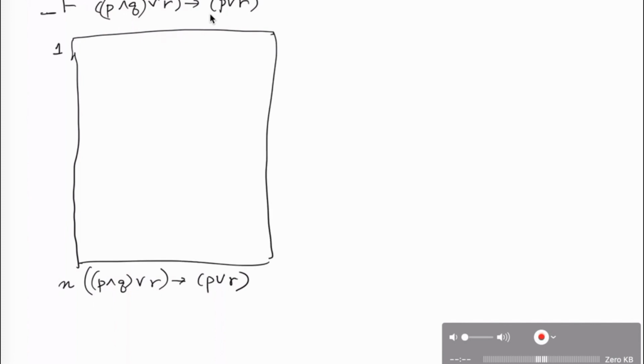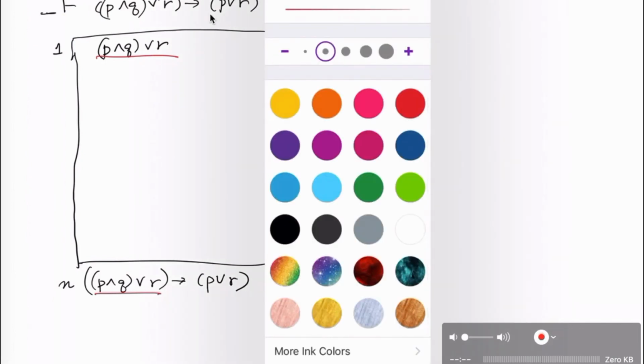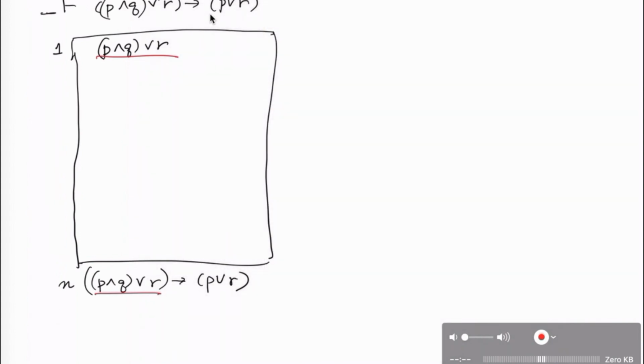So in the box we have the antecedent here. Okay, so I'm going to write this antecedent here, and then we have the consequent, which I'm going to write here.